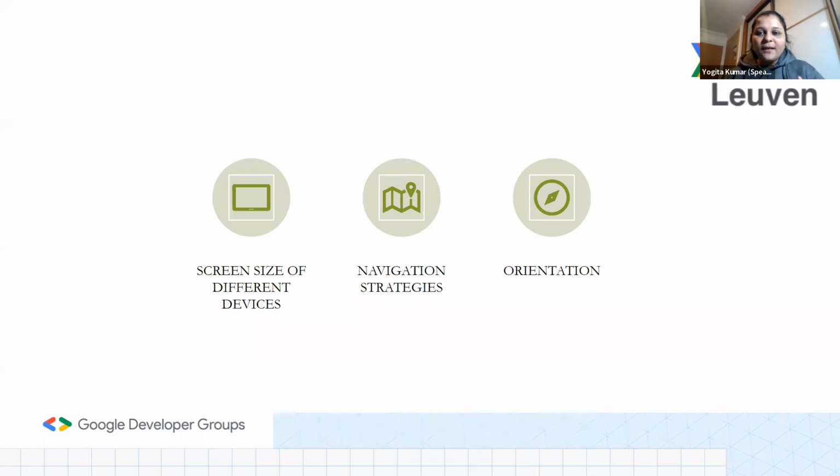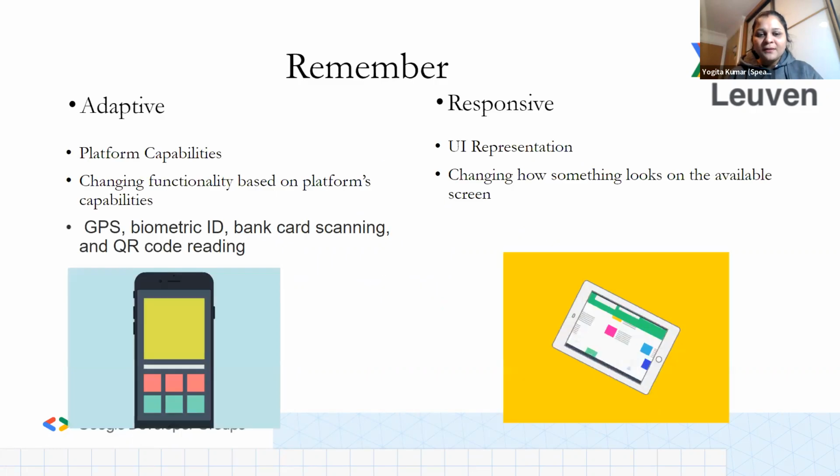On mobile it will navigate in one way, and on the web in a different way. You have to take care of the orientation. We cannot rotate our desktop device, but we definitely rotate our mobile devices, right? The landscape and the portrait mode. So we have to take care of that also.